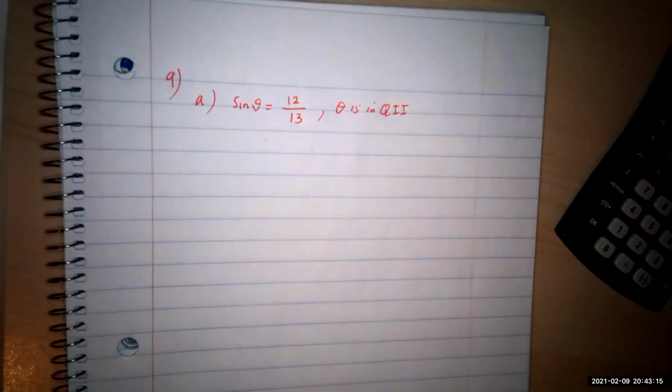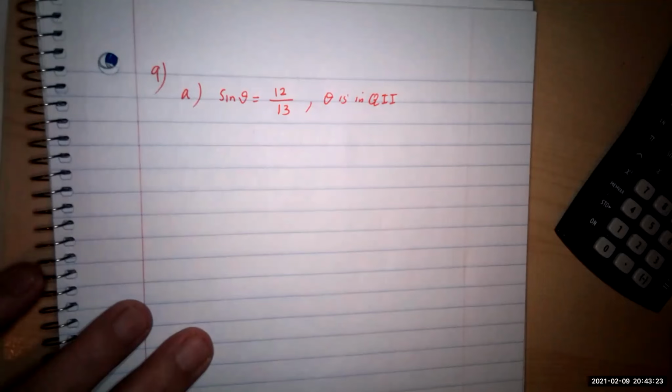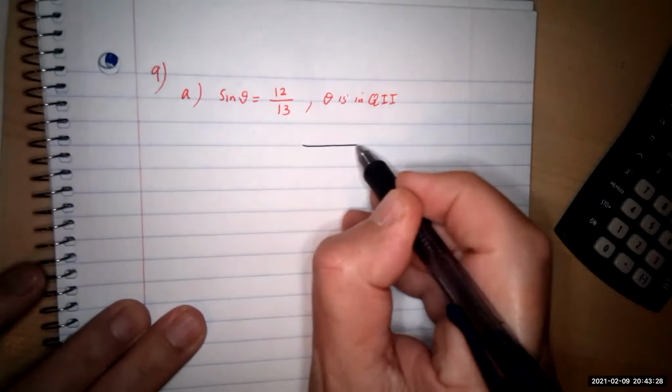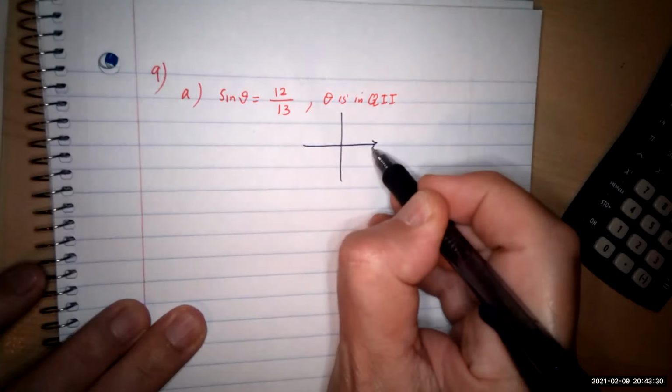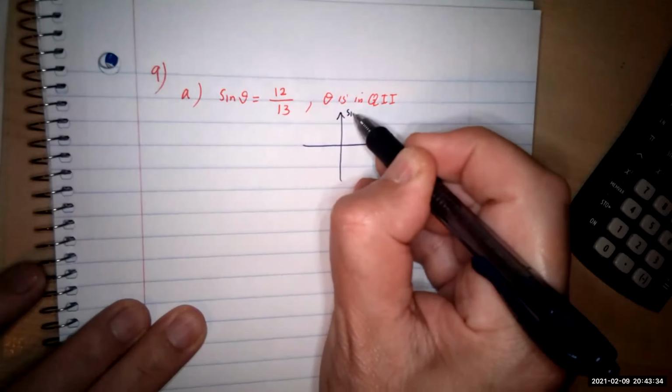Quickly identify it so that you are able to tell the signs. In the second quadrant, cosine is negative and tangent is negative. Yes, that's correct. So remember, this is going to be cosine, this is going to be the sine.